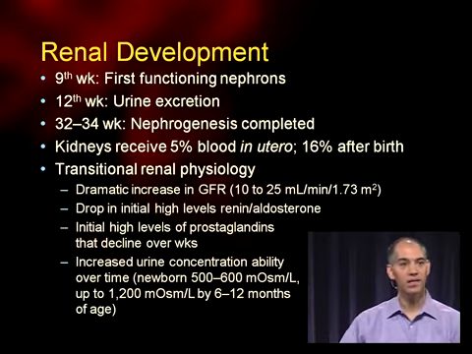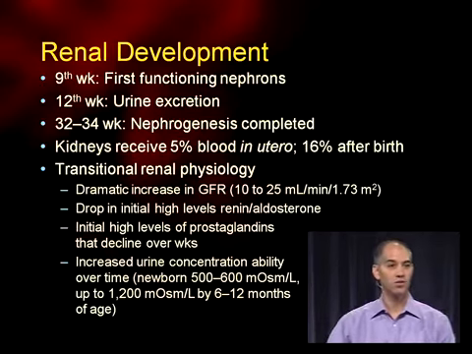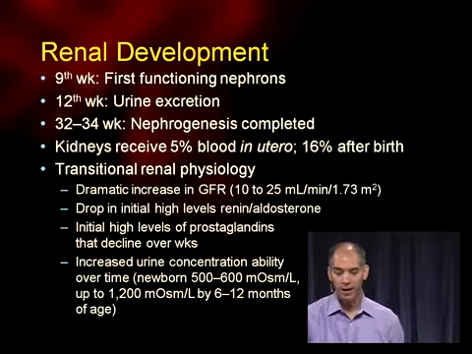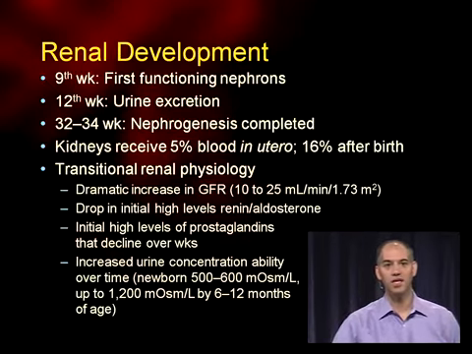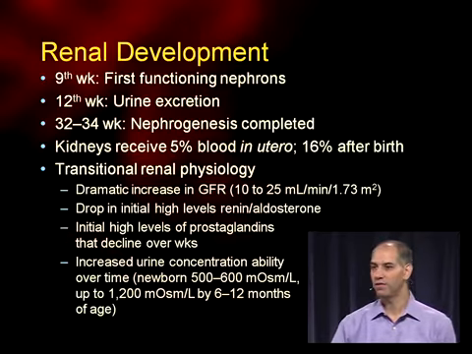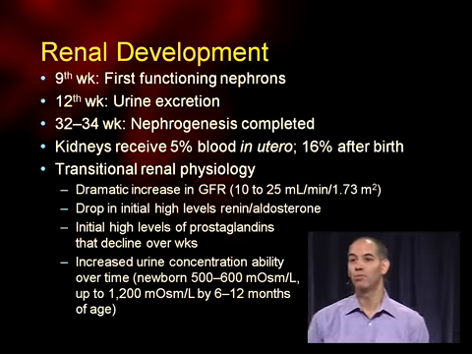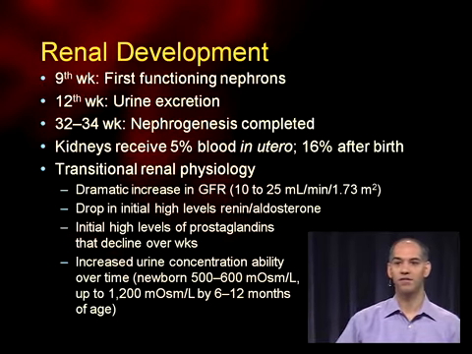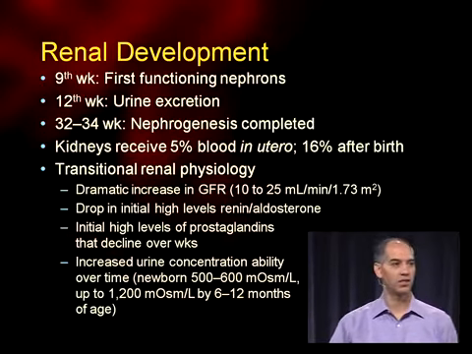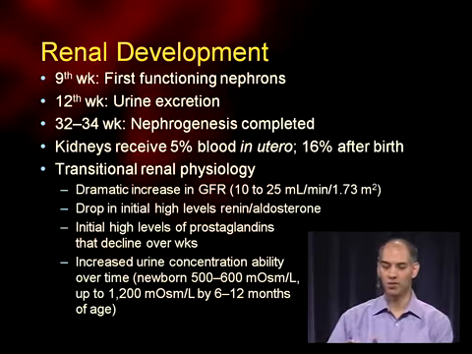so the kidney gets a significant increase in blood flow from about 5% up to almost 15 to 20% in you or I. The transitional renal physiology that occurs right after we're born, there's a dramatic increase in GFR. Newborns are born with a GFR of around 10. So by classic or U.S. definitions, every newborn is born with ESRD, GFR less than 15, but it will rapidly increase.